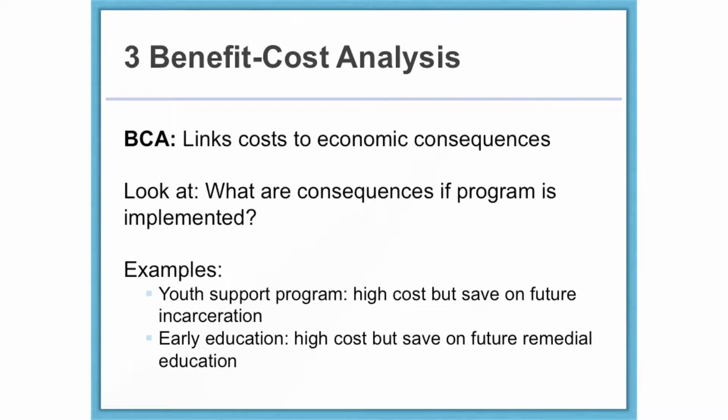So in other words, we're going to take our analysis of a program and we're going to look at what happens after the program. And we're going to measure this all in money terms. So you can think about programs like youth support programs, which might be high cost, but will save us on expenses on future incarceration.